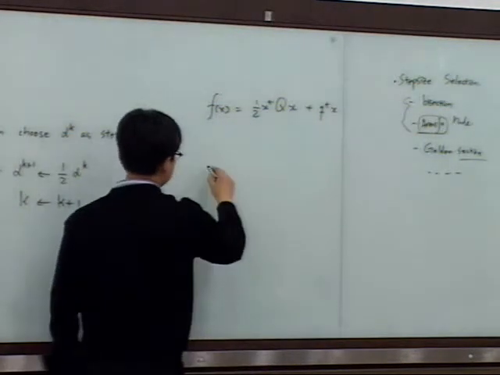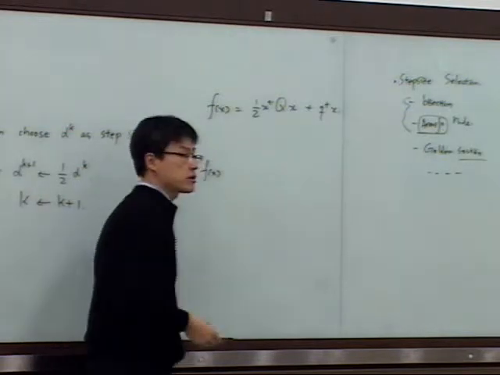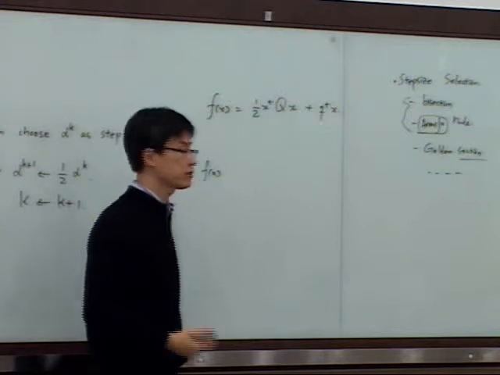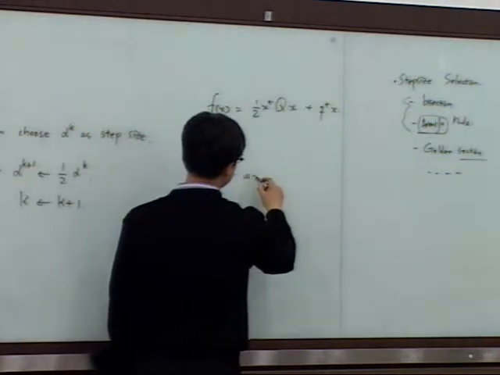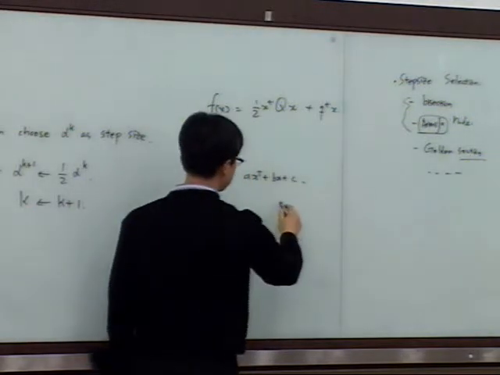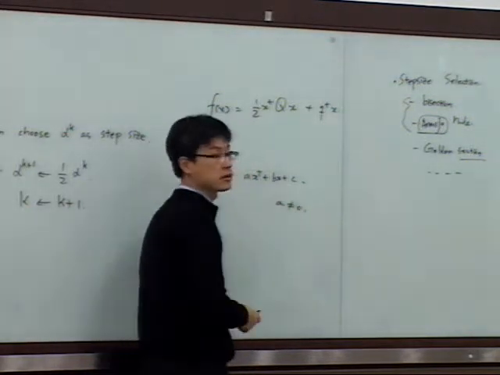You know, in high school mathematics, if you were asked to write the general form of a quadratic function, you are supposed to write this, and the condition is this.